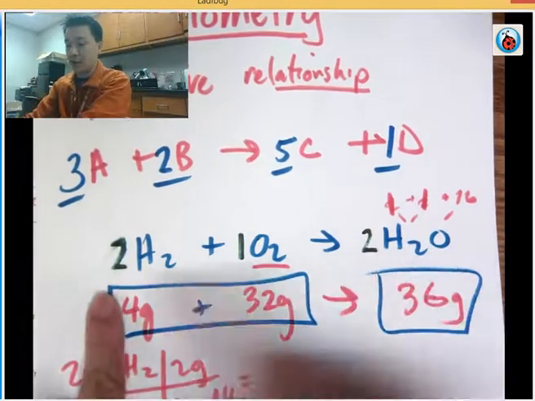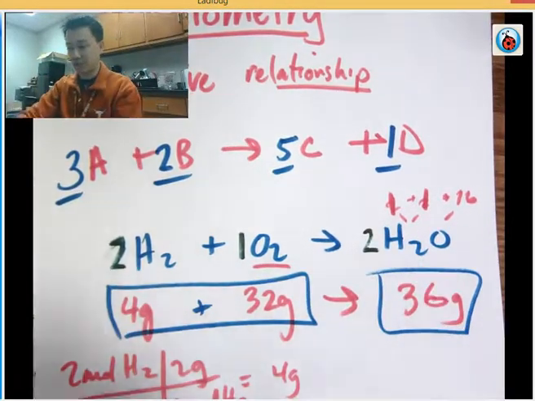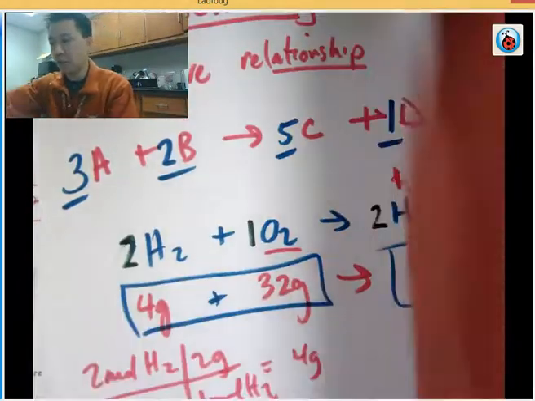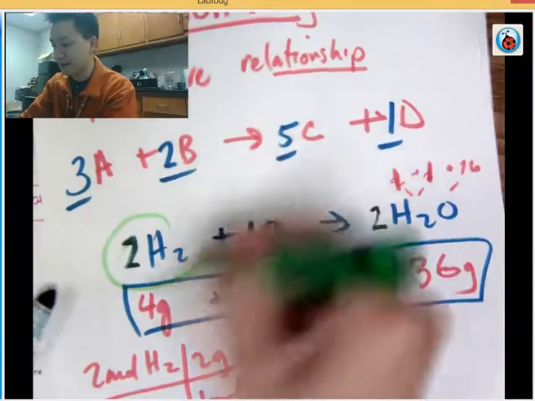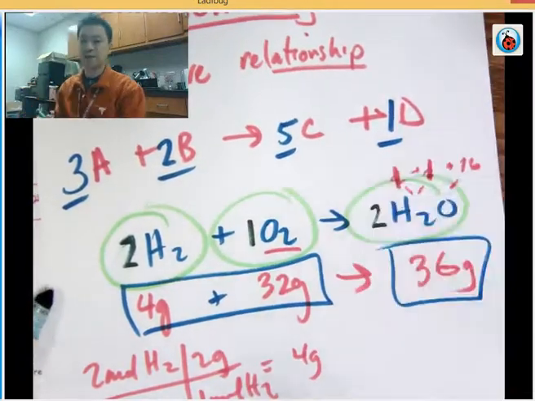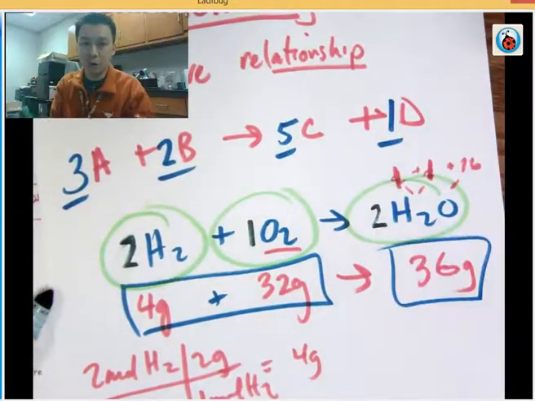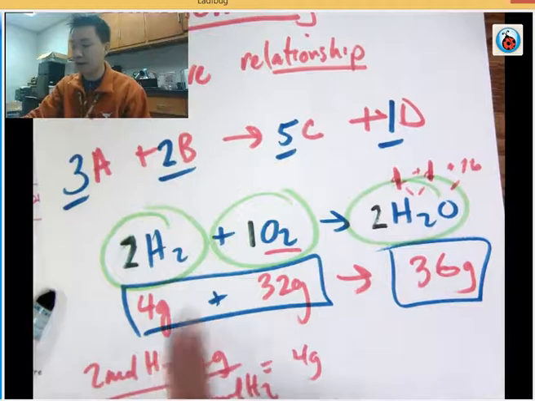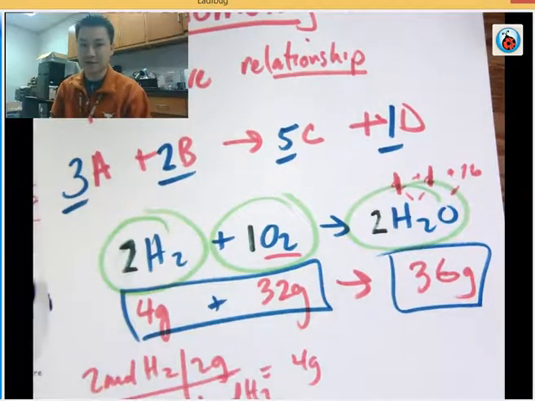So remember, the equation gives you a mole relationship. You have to understand that, and it's not complicated, it's just very basic that you have to know. The grams, what do you have to do? You have to get the periodic table and multiply by the mass of that hydrogen.